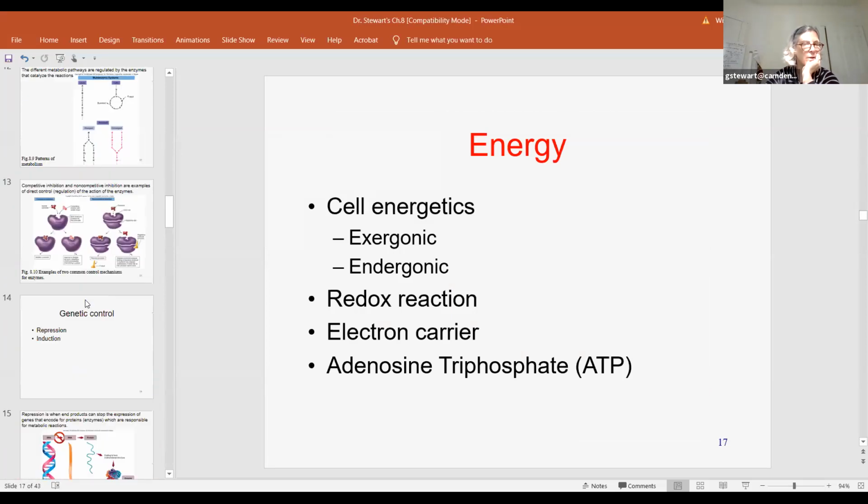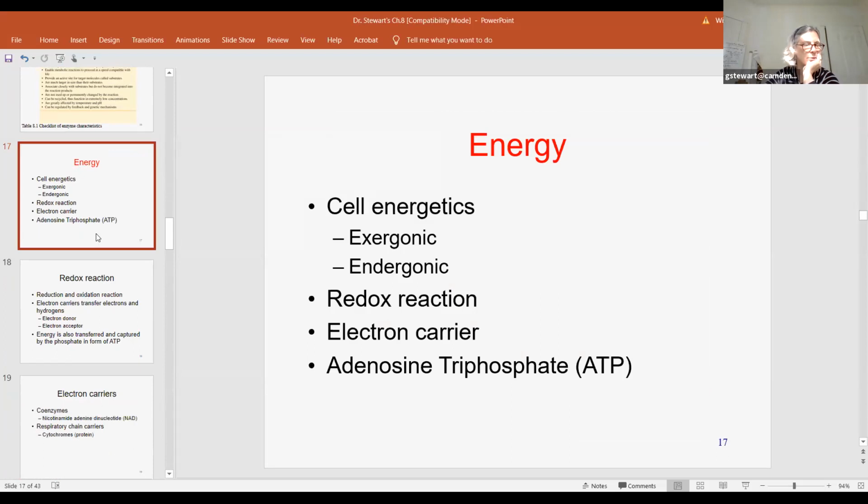Now that we've talked about enzymes, which are the molecules that regulate all these pathways of metabolism, now we can talk a little bit about energy and how these enzymes actually produce usable energy for cells. So I would remind you, ATP is the form of energy that's used by cells, and that energy is created by oxidation and reduction reactions.